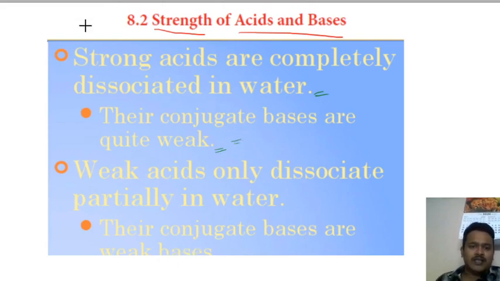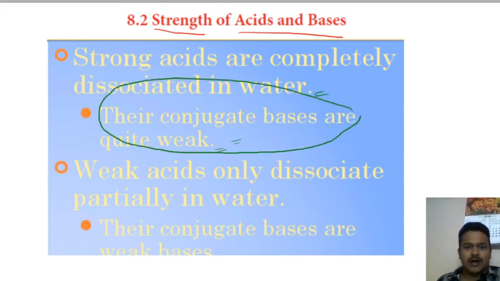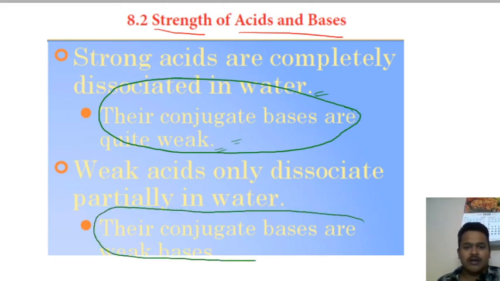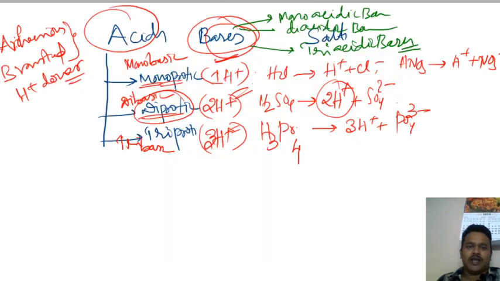I will talk about these two points. For strong acids, their conjugate bases are quite weak. For weak acids, their conjugate bases are weak bases. It's quite weak. Why?